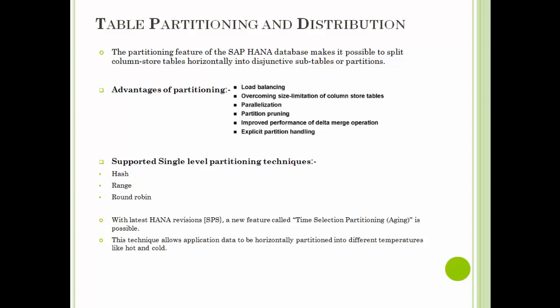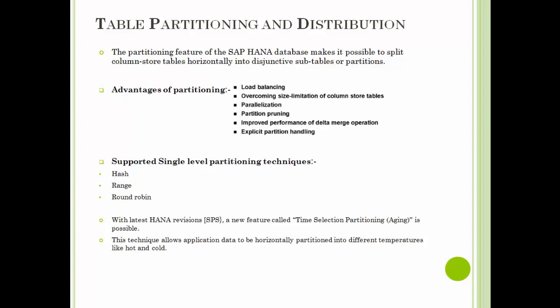Table partitioning can be done on a single host system as well as multi-host systems, that is, multi-node systems. But preferably it is mostly done in multi-host systems to leverage better performance out of the multi-host scenario that we have. So partitioning is typically used in distributed systems.